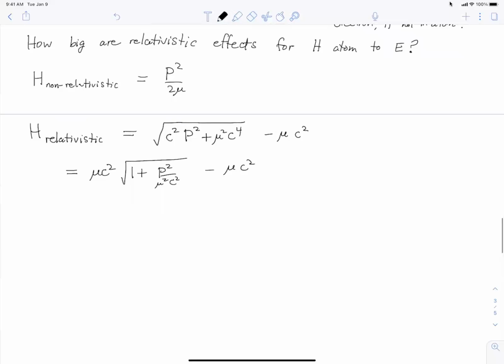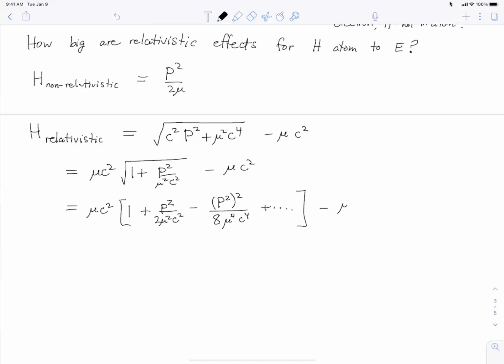And then we can expand the square root using the binomial expansion. So that's 1 plus p squared over mu squared c squared with a factor of 2 in the denominator. And the next term turns out to be minus p squared squared over 8 mu to the fourth c to the fourth. And this continues on, minus mu c squared.